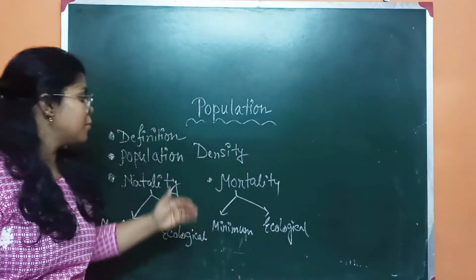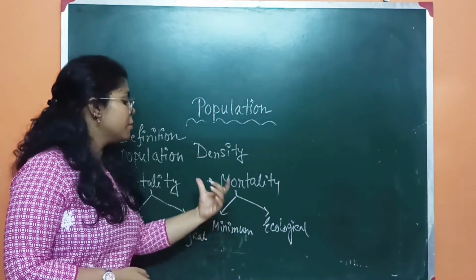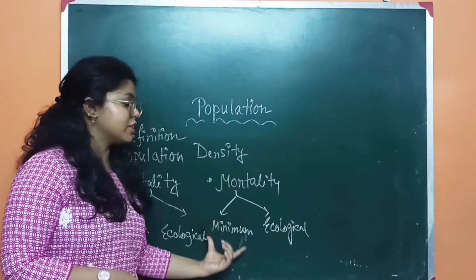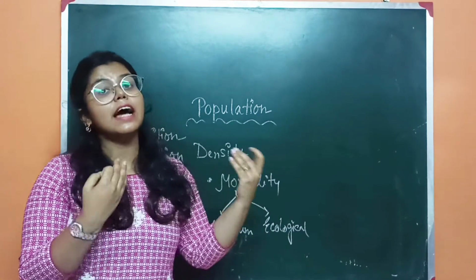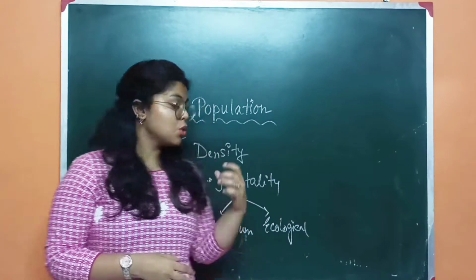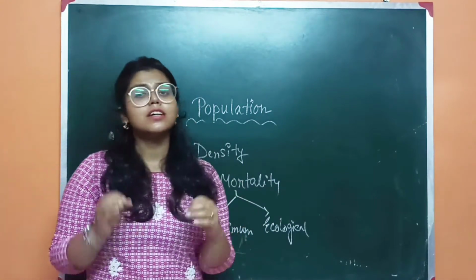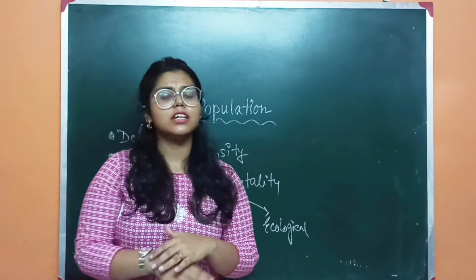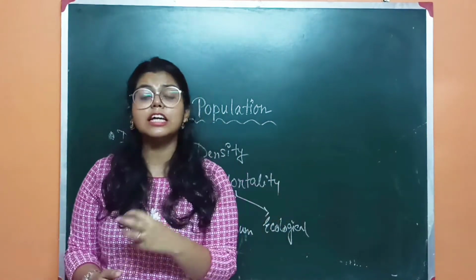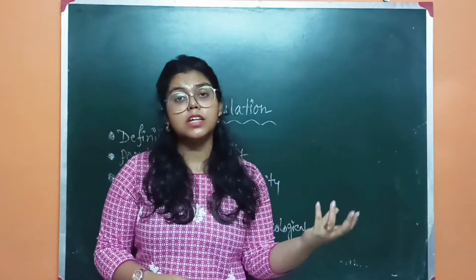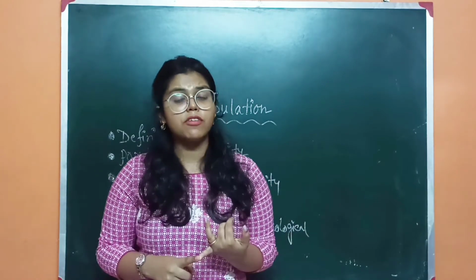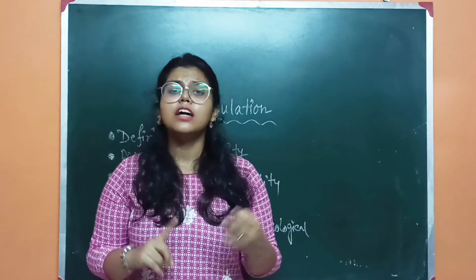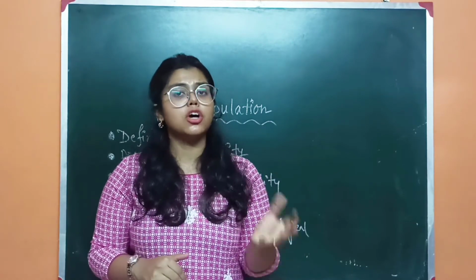Next is mortality, which is also divided into minimum and ecological. Minimum mortality is expressed in those ideal conditions. In ideal conditions the number of deaths should be low because there are no limiting factors. The food is available, the space is available, there are no diseases, nothing, no emigration or immigration.